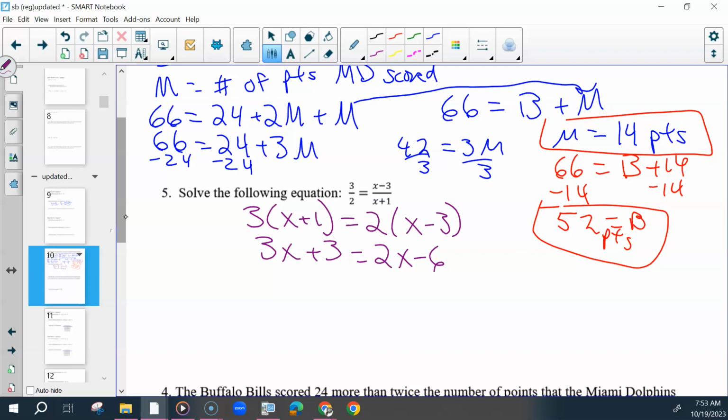Just looking at this, how many solutions are we going to have? One. So in these, you can have 1, infinitely many, or none. If I subtract 2x to the other side and subtract 3 to the other side, we have x equals negative 9.